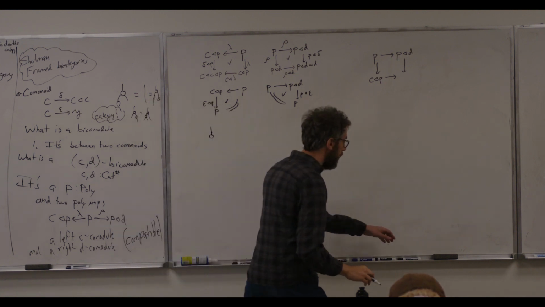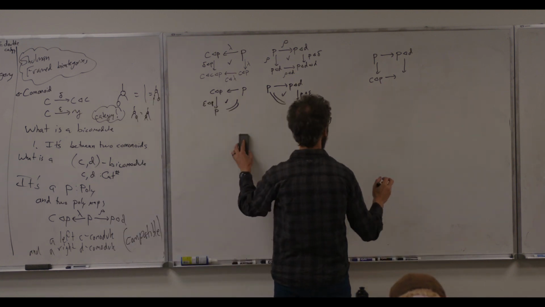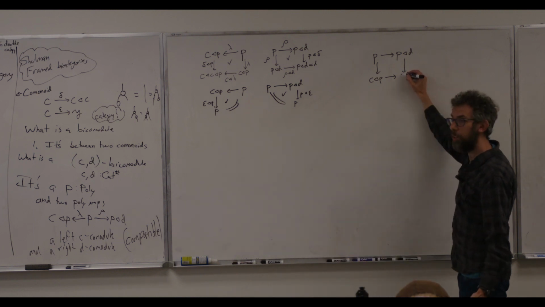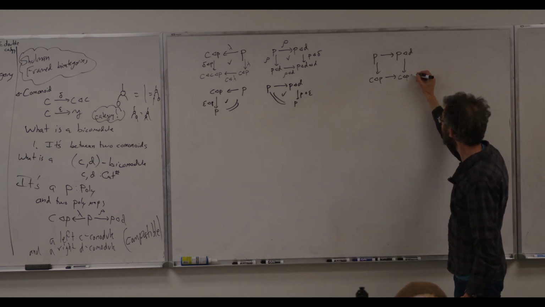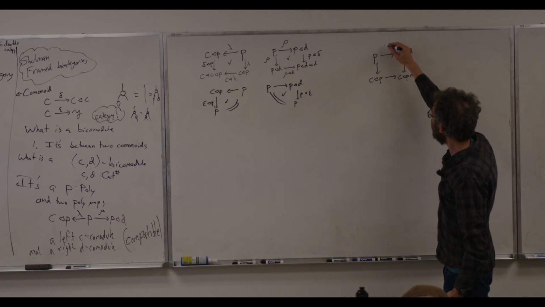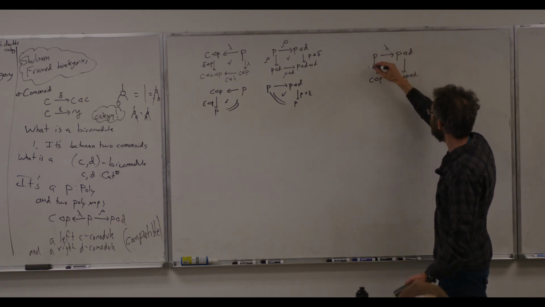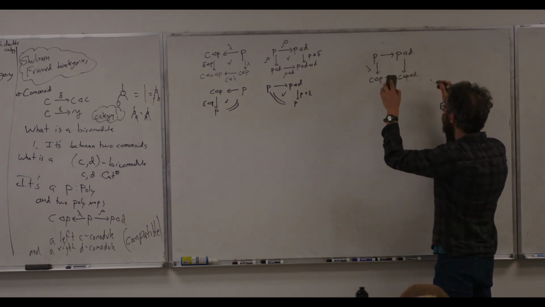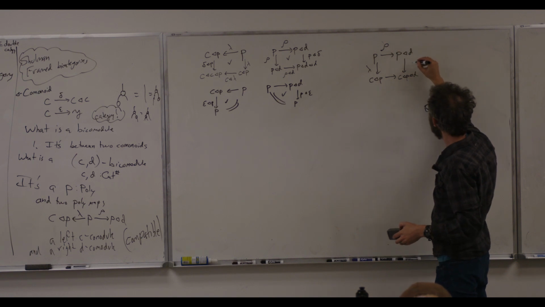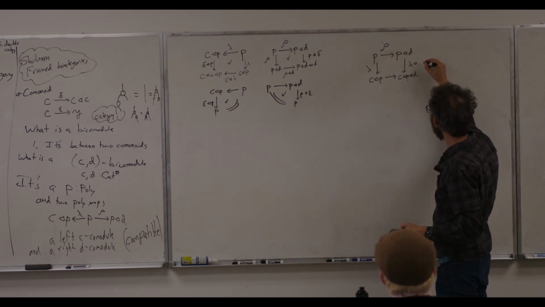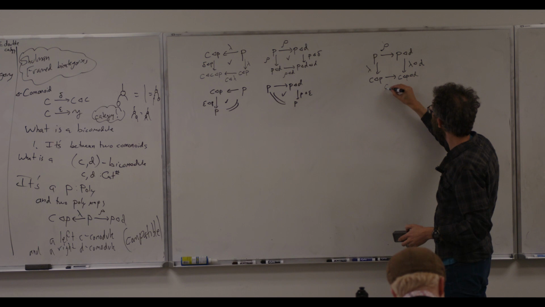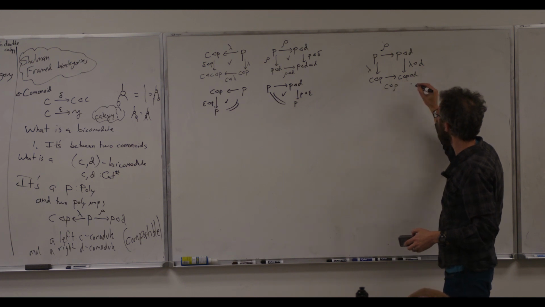Let's see. Yeah, I think I'll try to draw some pictures next. What did someone say? CPD. There's lambda, there's rho, there's lambda tri D, and there's C tri rho.